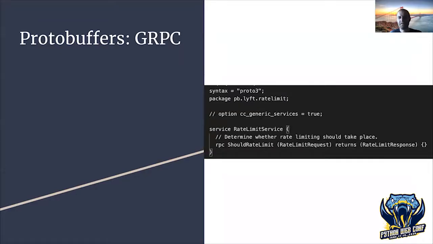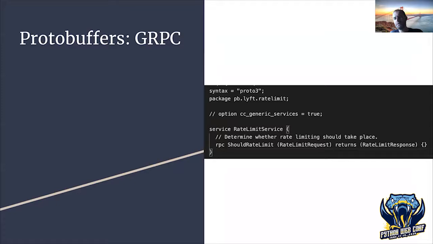And gRPC is sort of an augmentation of the protobuf definition language to also define services. This is akin to defining a service in SOAP, the XML SOAP, but describing services with this protobuf language.